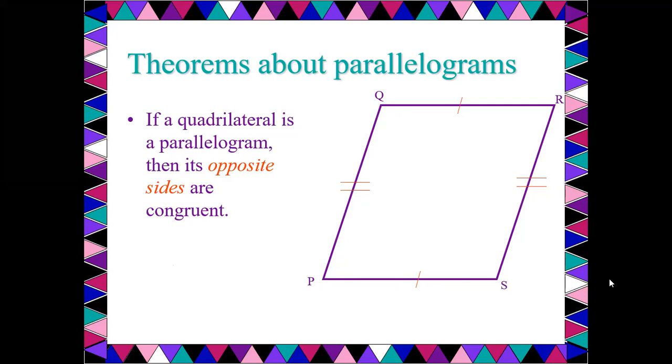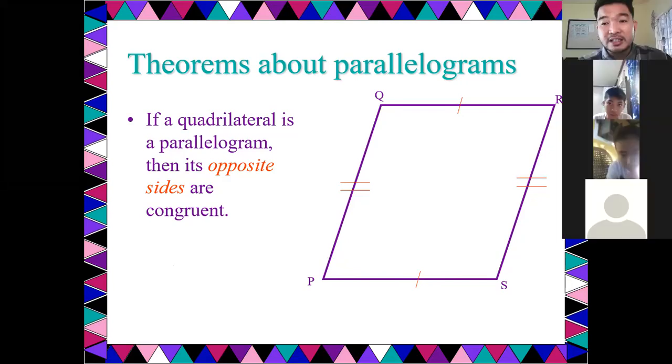Ibig sabihin, hindi sila magtatama, hindi sila mag-meet. Kaya sila ay parallel. And then another pair of opposite sides, si QP, opposite siya kay RS. And at the same time, they are parallel and congruent.